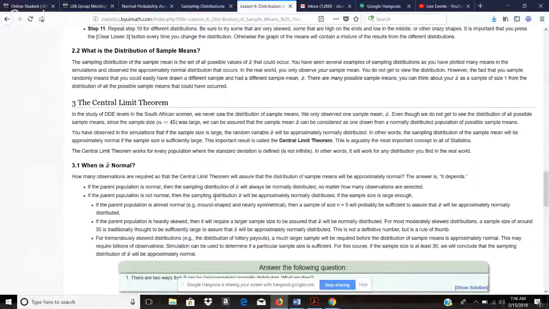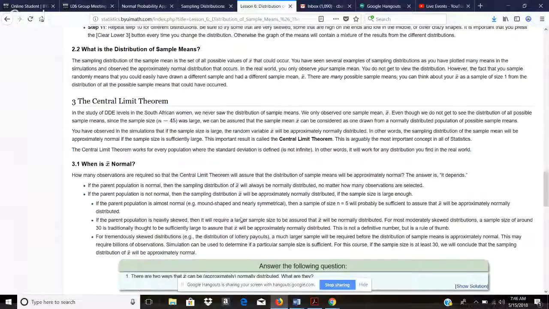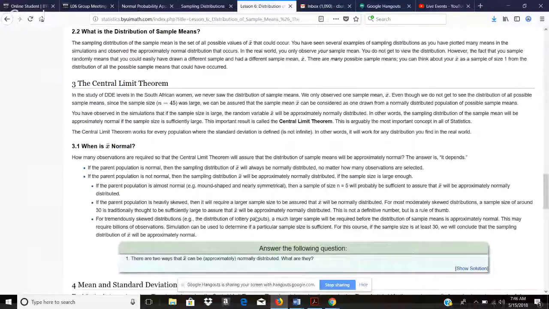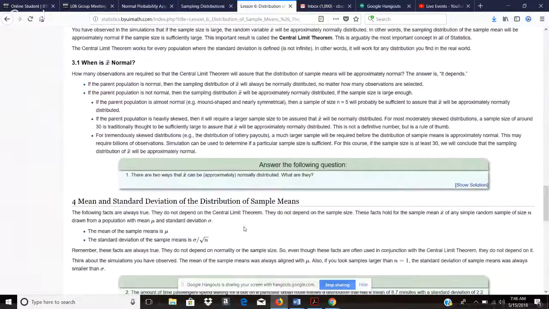So 3.1 is, when I'm reading, yeah. If the parent population is normal, then the sample will always be normal. The parent population is highly skewed and requires a larger sample size. Yeah, and the third one is about 5.